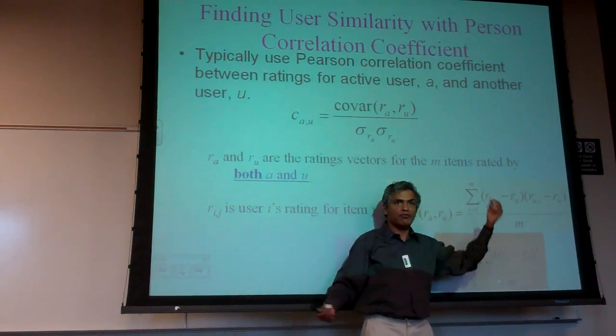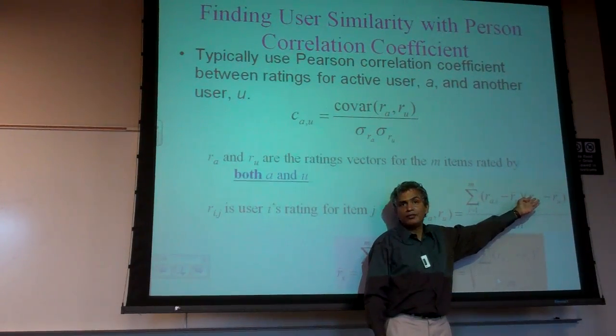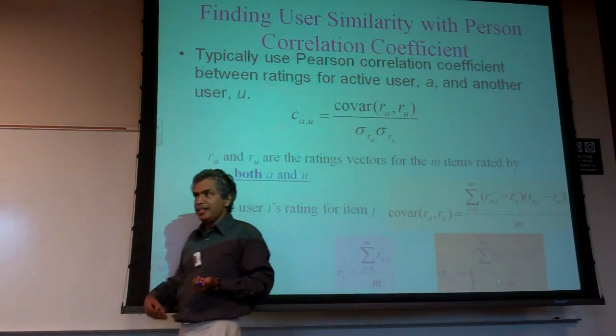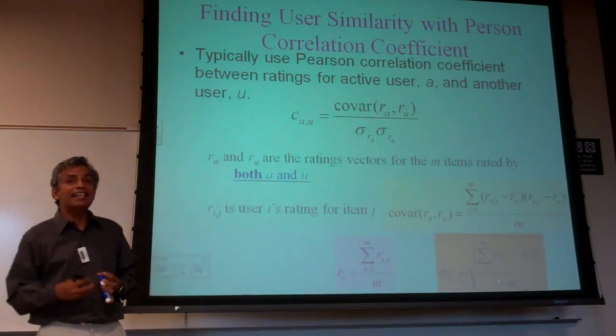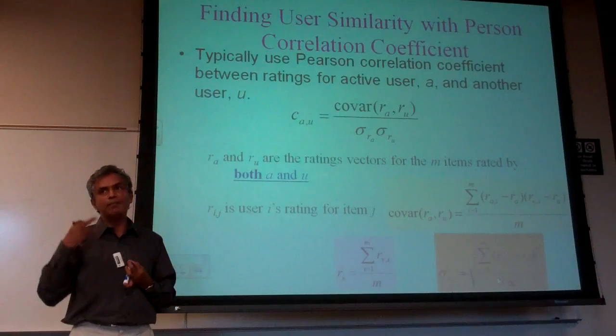Because if one of them rated and the other didn't, how am I going to get this number at all? So it's a biased estimate. It's estimating similarity only over the items that both of them have rated, and that is something you want to keep in mind.